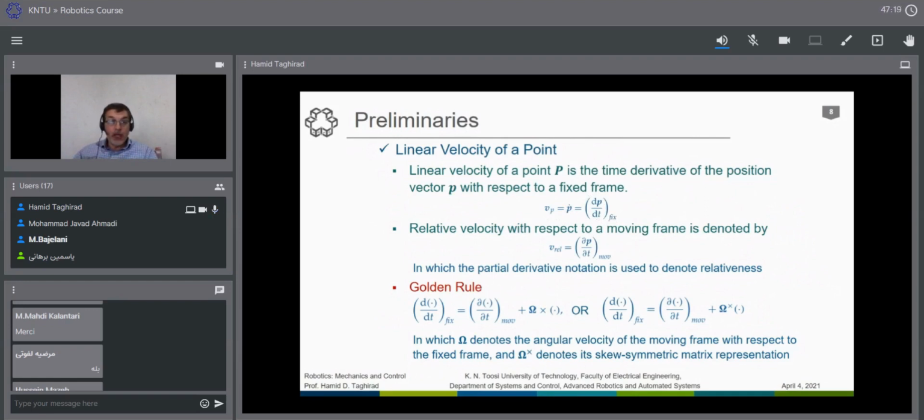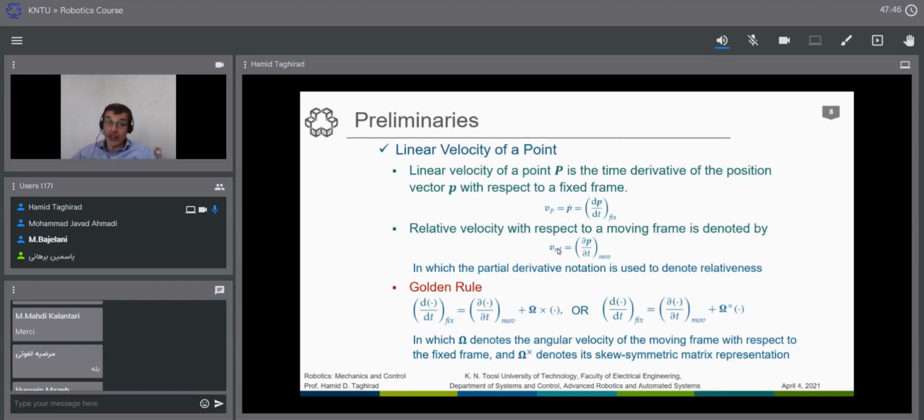Now, what if we would like to have a relative velocity? If we make the derivative with respect to a moving frame, for example, we have a fixed frame, we have a moving frame, we make the derivative with respect to this moving frame here. When we do it that way, we call that a relative velocity, which is much simpler to find.